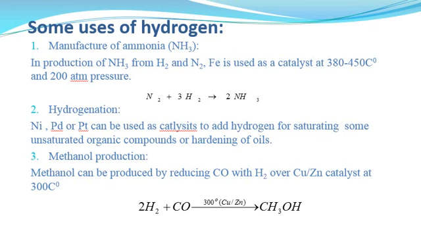Also, hydrogen is used to hydrogenate some oils or to saturate some compounds with double bonds or triple bonds, where nickel, palladium, or platinum can be used as catalyst to add hydrogen to the double or triple bonds, and this is what is known as sometimes hardening of oils.